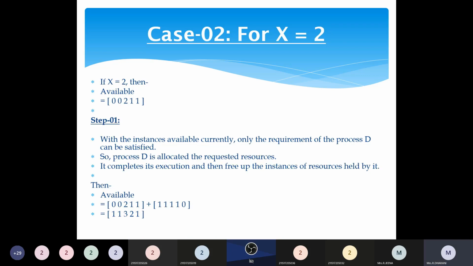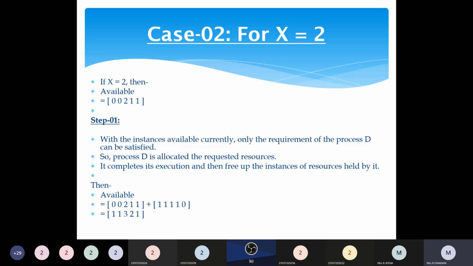Now we are taking the case for X equal to 2. Taking X equal to 2, the available is 0, 0, 2, 1, 1. With the instances available currently, only the requirement of process B can be satisfied. So process B is allocated the requested resources, completes execution, and then frees up the instances of resources held by it.